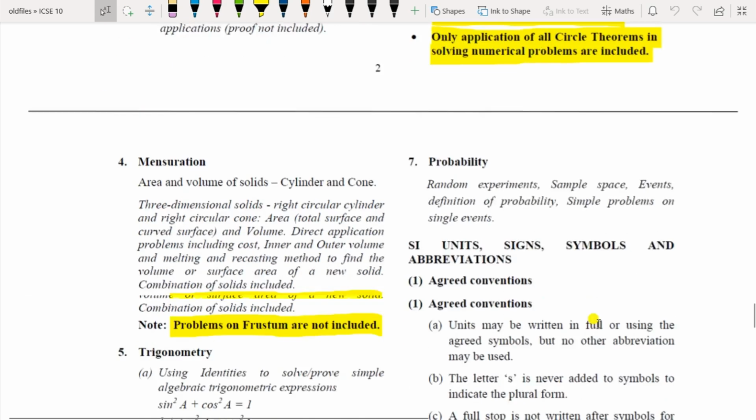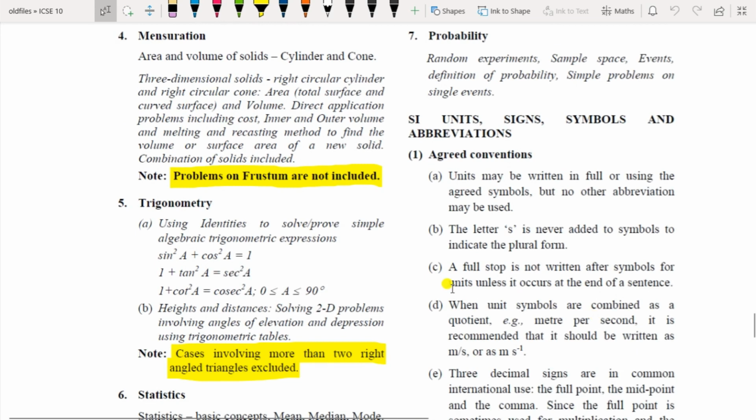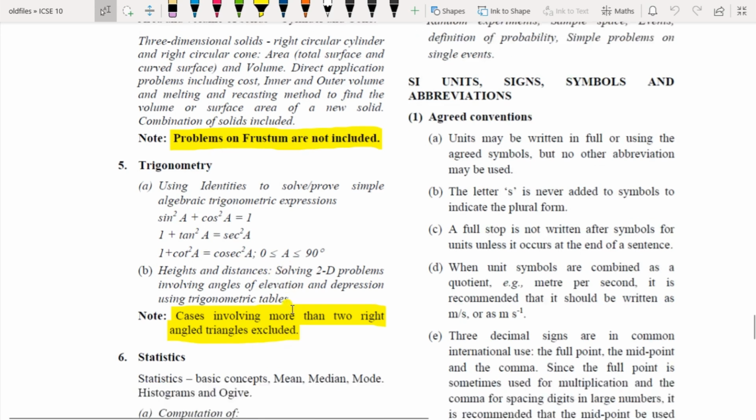So theorems will not be asked to prove. Mensuration here, about area and volume, problems on frustum are not included. Then trigonometry, here cases involving more than 2 right angle triangles are excluded. So the rest of the things are all included here.